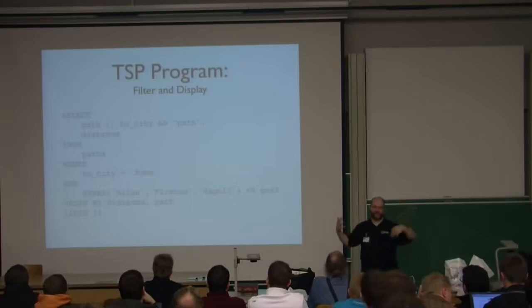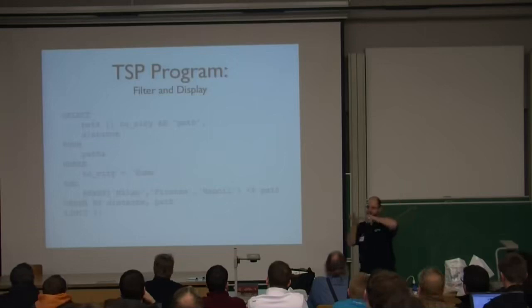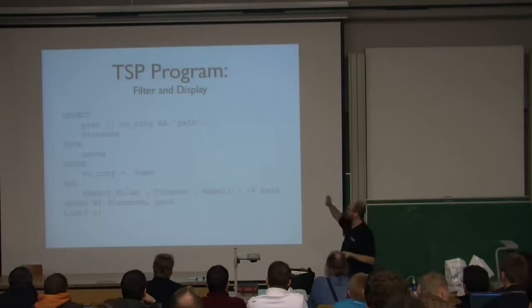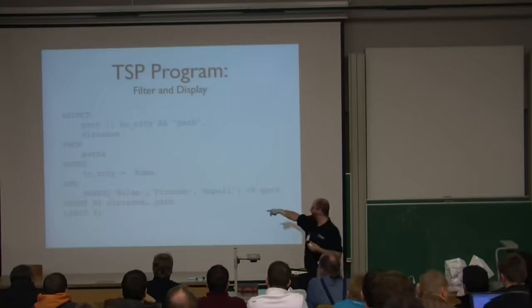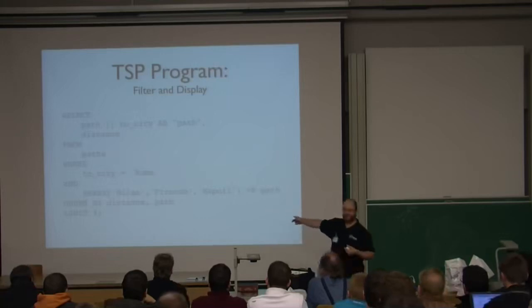So we have to finish this off and say, well, of those, some of the paths will be 1 hop away from Rome again, and those are the ones we want. So we're picking all the paths with Milan, Florence, and Naples in the path. Those are the cities we wanted to visit.